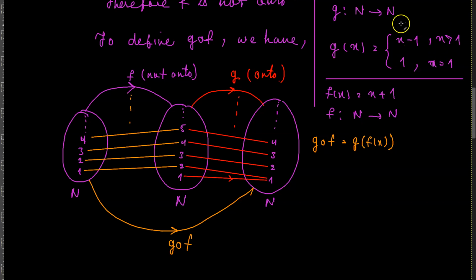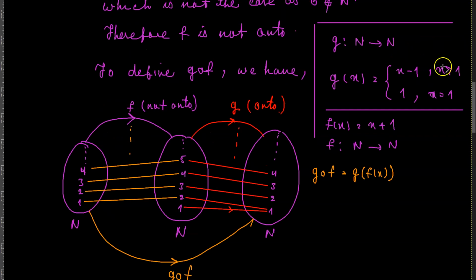if I want to use this clause, and the input of this function is a set of natural numbers, and here I'm saying that x is greater than 1, means that x has to be 2 here. After 1 in the set of natural numbers, you have a 2. So 2 is given to me by this function. If n is equal to 1, then 1 plus 1 is equal to 2.